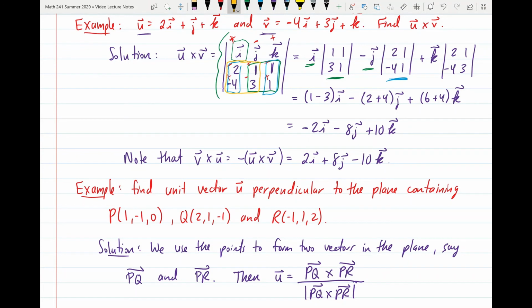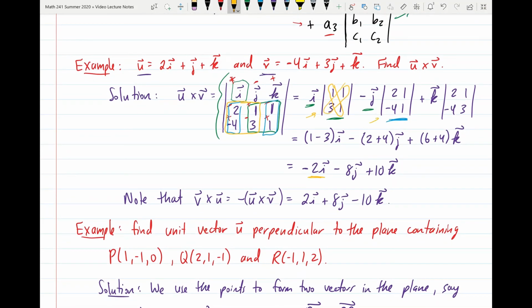Okay, and now we can apply the formula for finding the determinant of 2 by 2 matrices. For this first matrix, 1, 1, 3, 1, we have 1 times 1 minus 3 times 1. So we multiply this diagonal and then subtract this diagonal. That'll give us a minus 2 ultimately. So the i component is going to be minus 2.